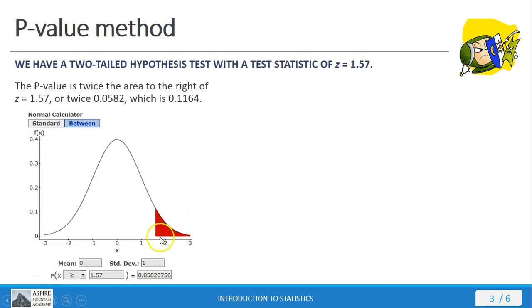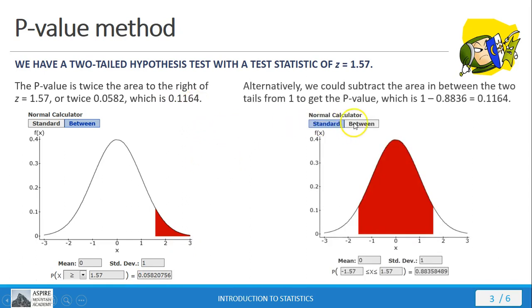So I got the area here in the right tail, but I'm a two-tailed test, so I know I'm going to have an area of equal size here on the left. So I just take this area that I get, 0.0582, multiply it by 2, and that gives me 0.1164. The other way to do this is to use the between option in the StatCrunch normal calculator and get the area in between the tails.